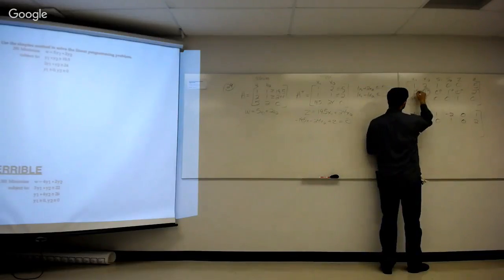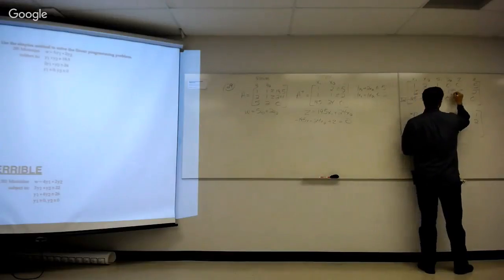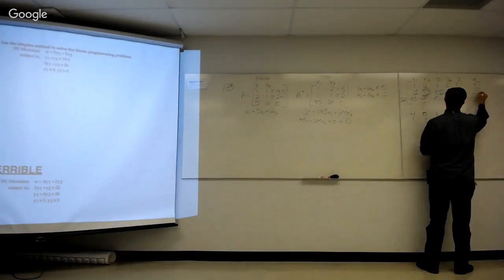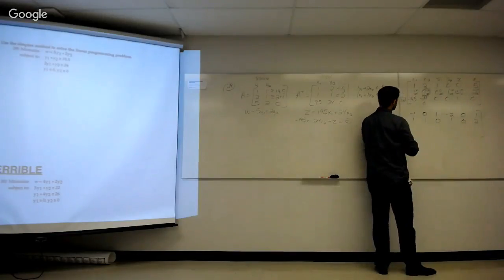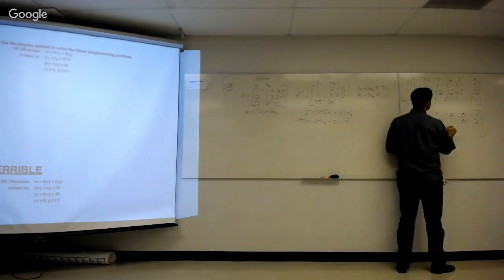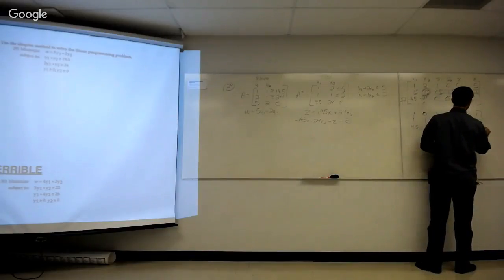So we multiply through the whole thing by 24. That's 48. And now our bottom row is 4.5, 0, 0, 24, 1, 48.